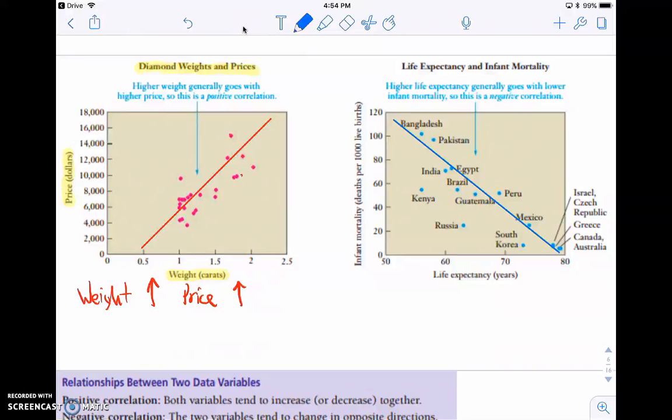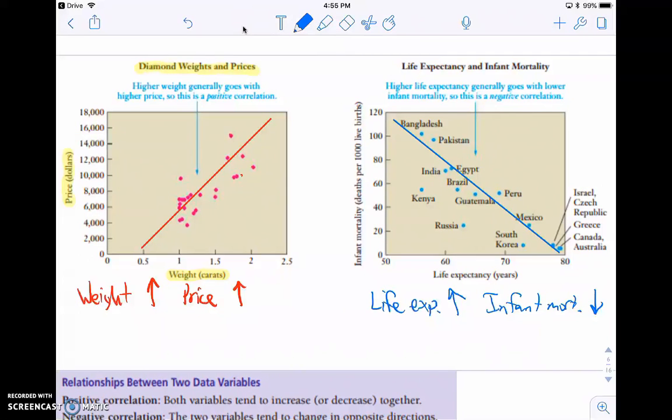And so as life expectancy increases on the x-axis, the infant mortality rate decreases. So when one variable is increasing and it's offset by the other variable decreasing, that is what we call a negative correlation. This correlation is not as strong.